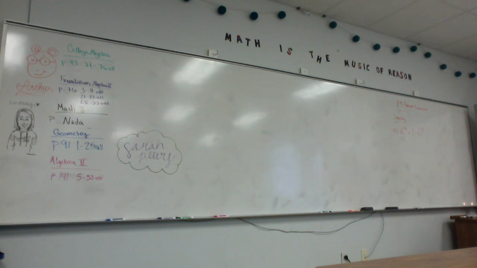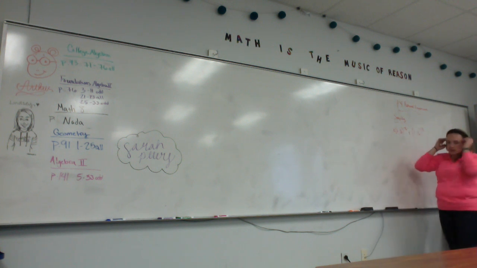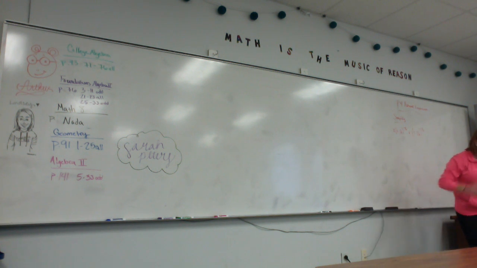Can I simplify that? Do they have the same powers, the same bases in the power? Yes. Because they have the same base, I can break this down and start to simplify some things.